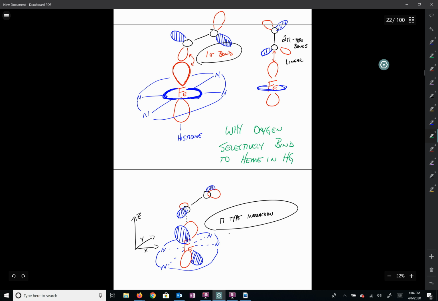I'll just abbreviate Hg for hemoglobin there. Because we've got a lot of oxygen, there's probably even some CO2, there's a lot of that in my office as I sit here and yammer on to you guys. How is my hemoglobin essentially filtering out everything but just binding oxygen?